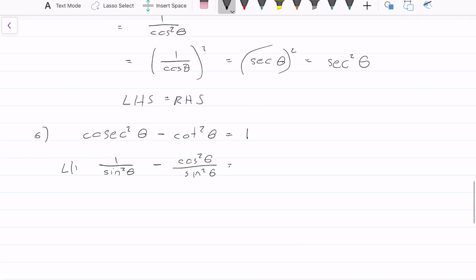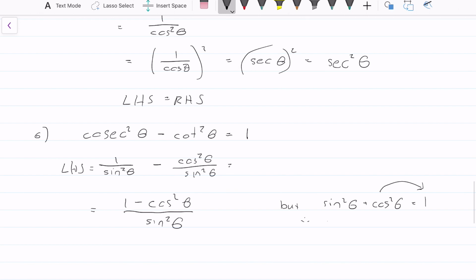Okay, and then we can say this is equal to 1 minus cos squared theta over sine squared theta. Okay, but we know that sine squared theta plus cos squared theta equals 1. Therefore, moving this to that side, we have sine squared theta equals 1 minus cos squared theta, which is right here.